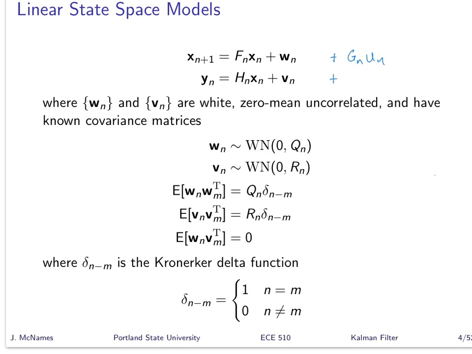Let's see, E, F, G, H, I, J. I'll use E. If your external input vector also drives your measurement model, there are derivations of the Kalman filter that are fairly straightforward that account for these terms also.